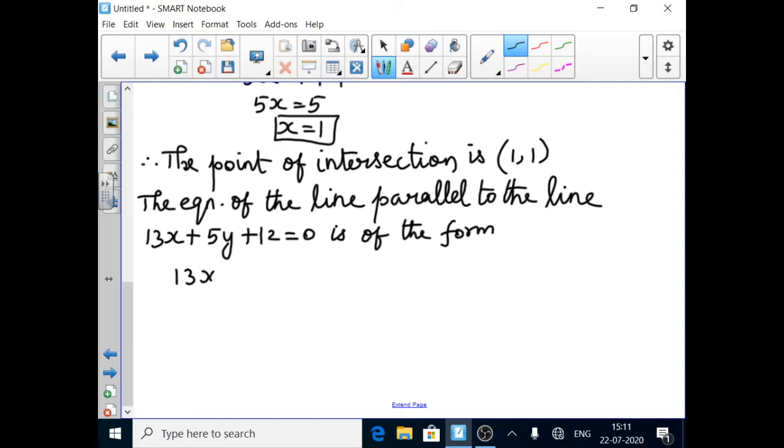So 13x plus 5y plus k equal to 0, where k is a constant.